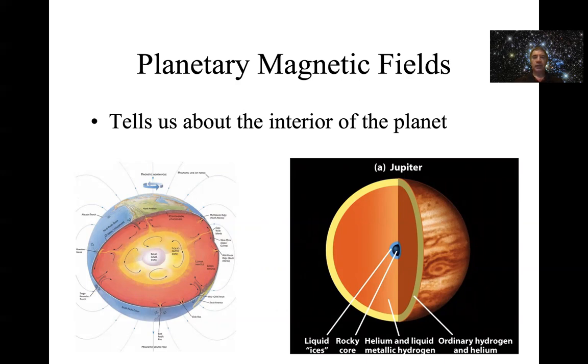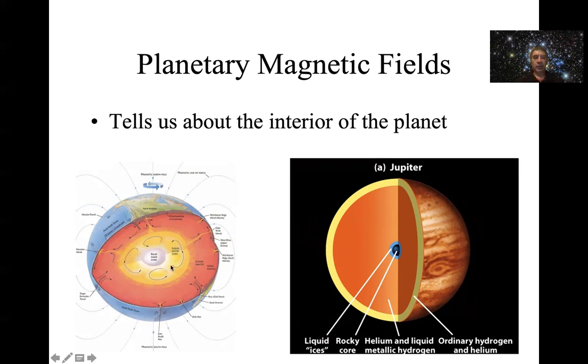And then, in order to generate the dynamo effect, you need a combination of rotation and convection. So you also need a big heat gradient in your planet. It must be much hotter in the center than it is further out. The Earth has all of those ingredients.